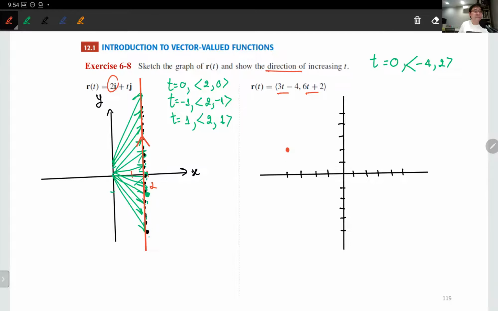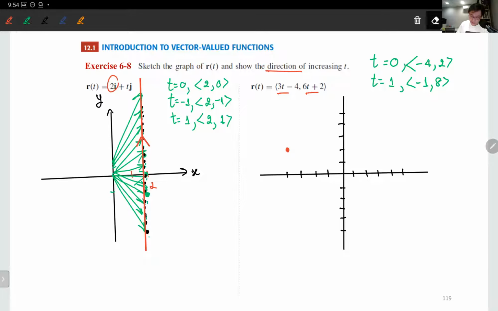There. Okay, and now you can pick a point somewhere. You can try t equal to 1, that's increasing in t. Once you place t equal to 1 in there, it's (-1, 8). Whoa, that's somewhere up there.